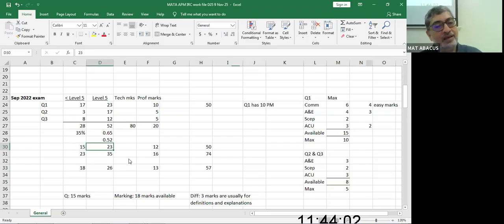Now, even in level 5 questions, there are some easy parts. For example, if you are being asked to evaluate and then you develop enough points, the first 2 points, let's say an evaluation is 10 marks. So we'd expect you to develop up to 5 points.